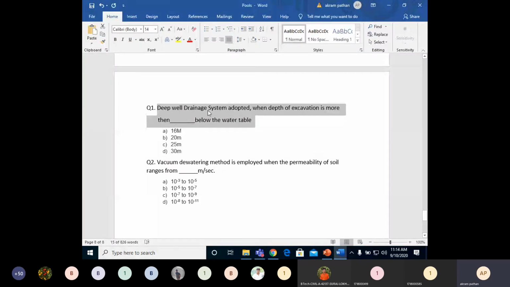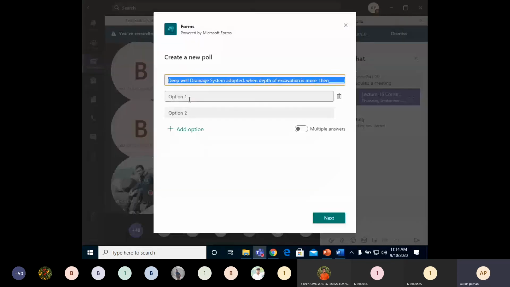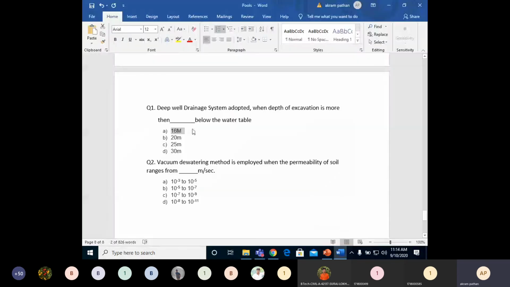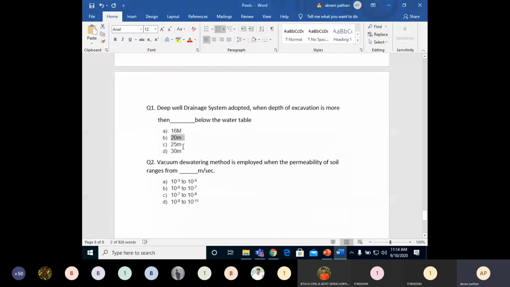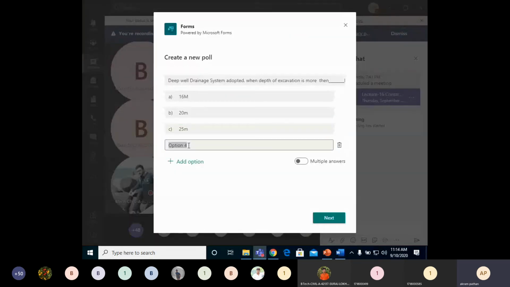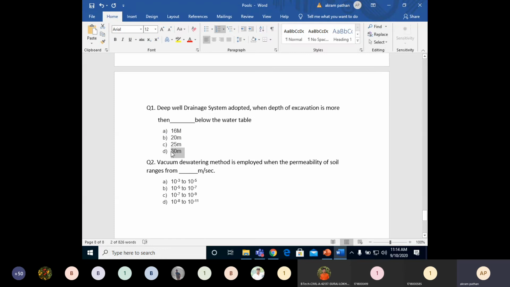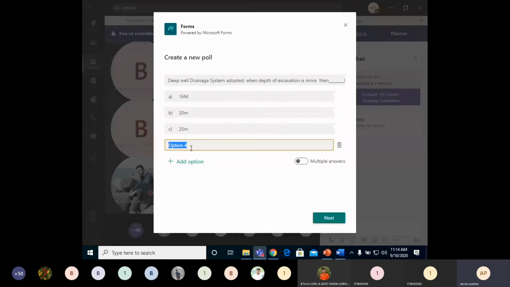A deep well drainage system is adopted when the depth of excavation is more than how much below the water table? First option is 16 meter, the second option 20 meter, the third option 25 meter, and the fourth one is 30 meter.